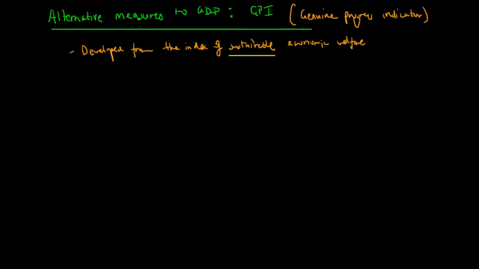So what the GPI, the Genuine Progress Indicator, does is that it uses GDP data, but then with the GDP data, it doesn't stop there.